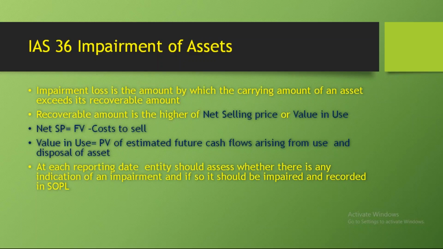Significant changes in the way the asset is being used, the asset becoming idle, right? Or you may be discontinuing a particular operation where the asset is used and now that asset is not having the same kind of use. So there's a decline, right?